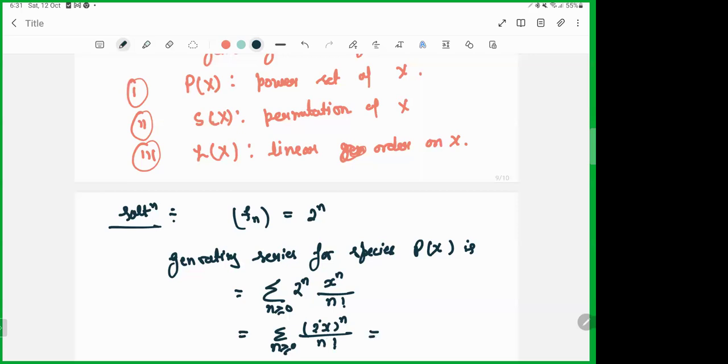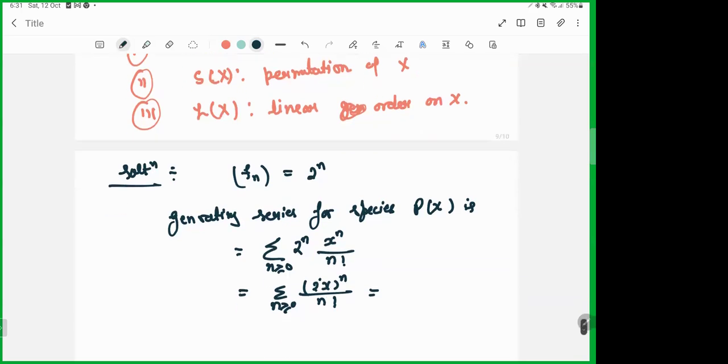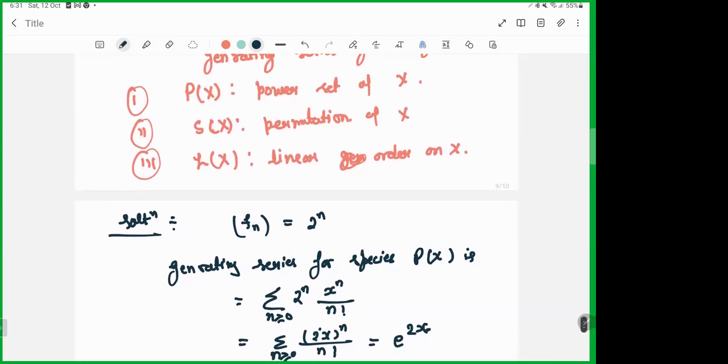And this is the expression of what? e to the power 2x. You know the exponentials? Yes. So what is the type generating series for this one, P(X)?